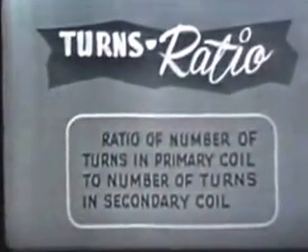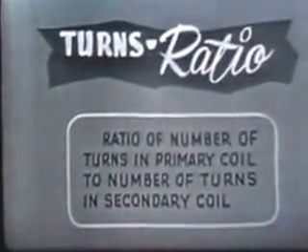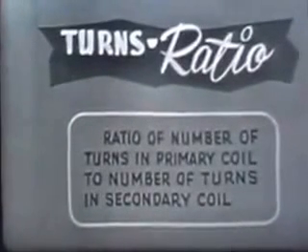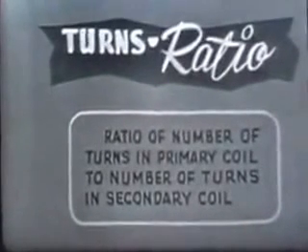As we said before, the transformer can step a voltage up or it can step it down. The voltage increase or decrease is determined by the turns ratio of the particular transformer. The turns ratio is the ratio of the number of turns in the primary coil to the number of turns in the secondary coil.